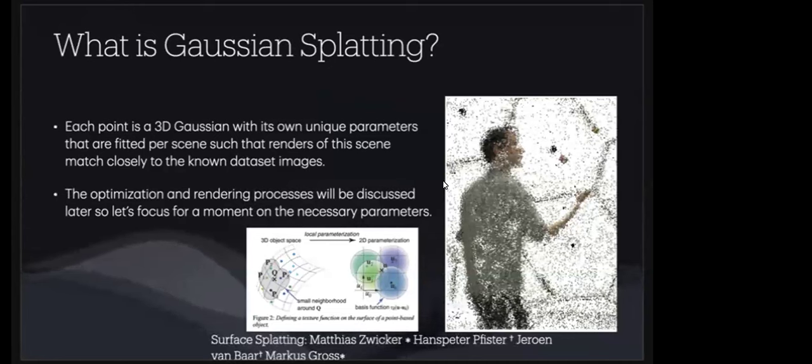And just FYI, this method is not a new method. Actually, in 2001 or 2002, something similar to this was published, which is called surface splatting, where they were also trying to fit Gaussians across a surface.